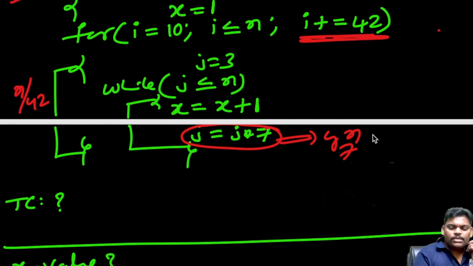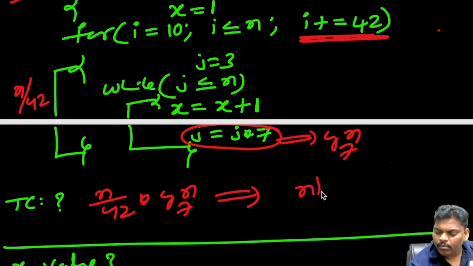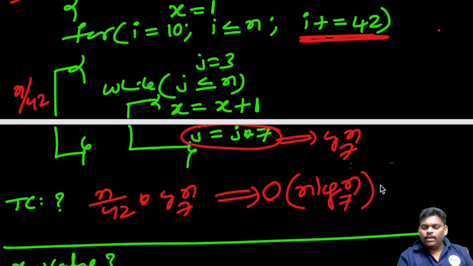There is no dependency between i and j, so the inner loop multiplies. So time complexity is n by 42 into log n base 7, which, forgetting the constant, becomes n log n base 7. Time complexity became n log n base 7.